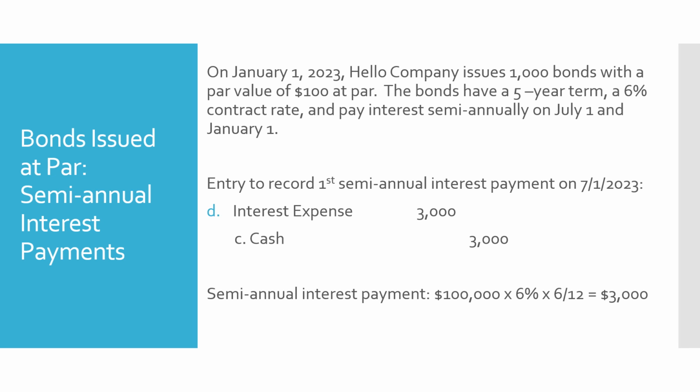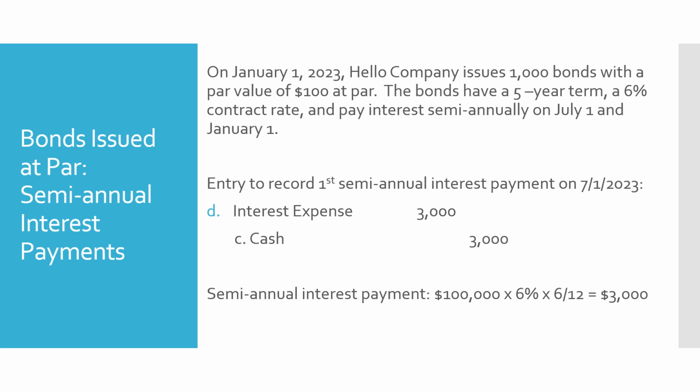Note that in this case, these are semi-annual bonds. They have a 6% contract rate. We've talked about before how interest rates are by law expressed as annual percentage rates. So we're not going to receive or pay 6% twice a year.